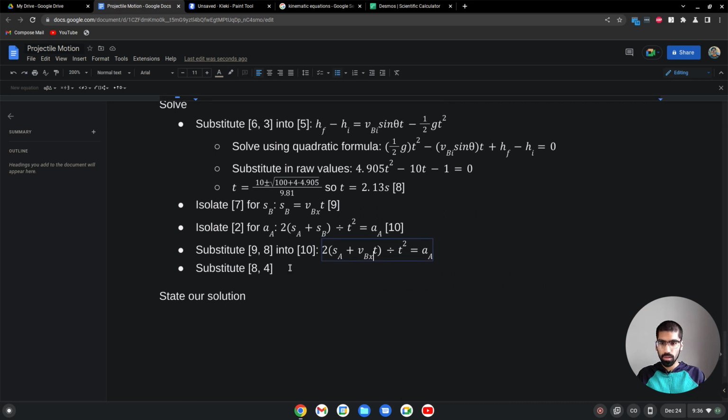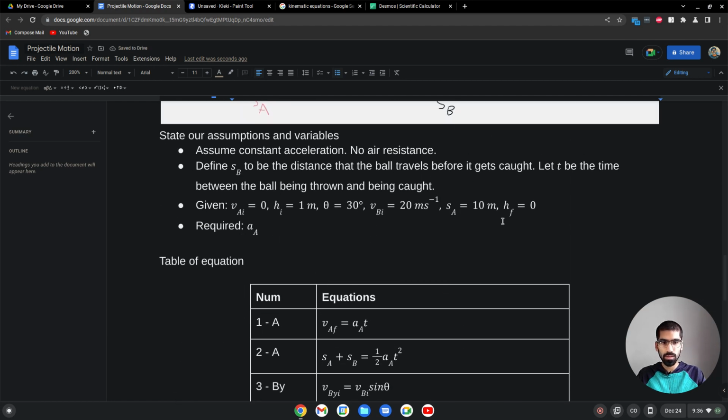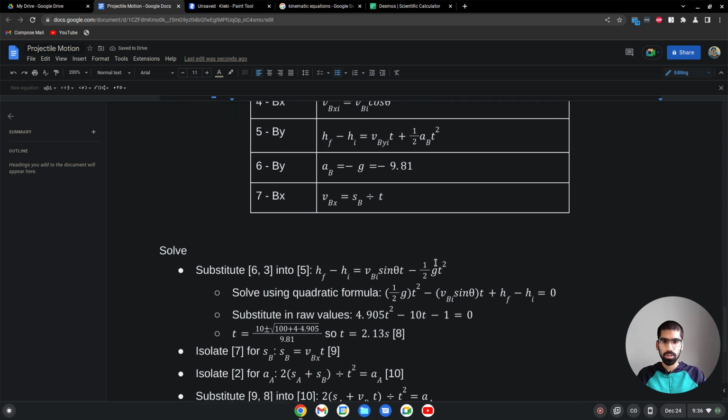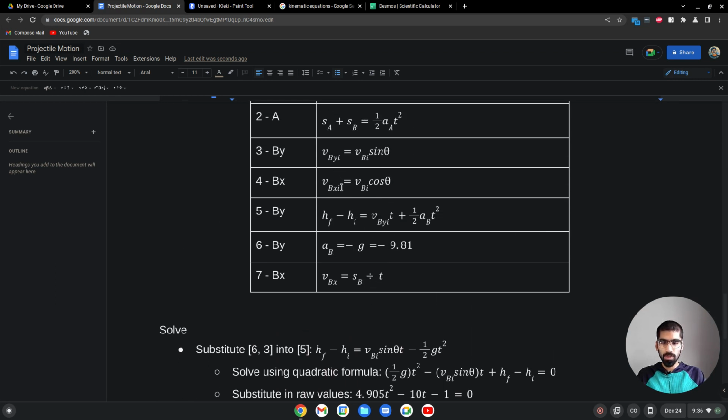Yeah. So substitute that above, and we have finally AA equal to 2 times SA. SA was given to us as 10 meters, plus VBX. I should specify, VBX is the same as VBXI, because the ball's x velocity never changes, right?